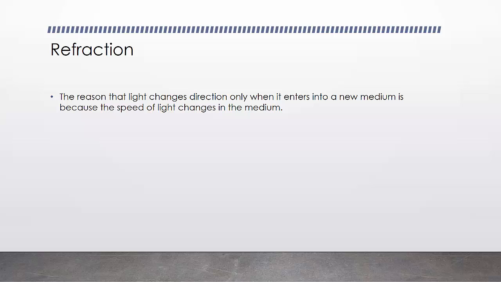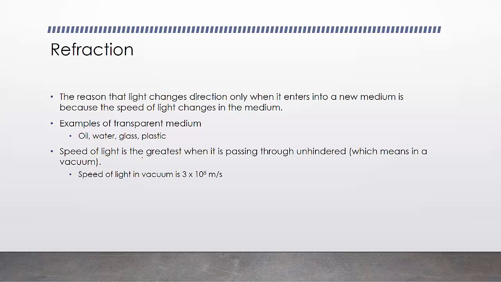So the reason light changes direction only when it enters a new medium is because the speed of light changes in the medium. The medium that we're talking about is all transparent. The speed of light is the greatest when it passes through unhindered, which means in a vacuum. The speed of light in vacuum is known as 3 times 10 to the power 8 meters per second.